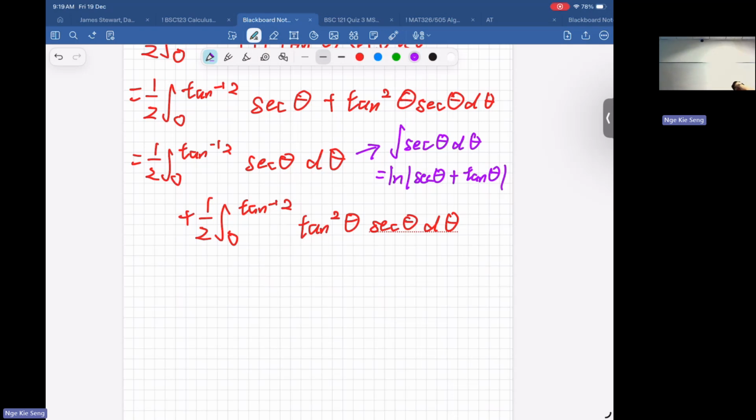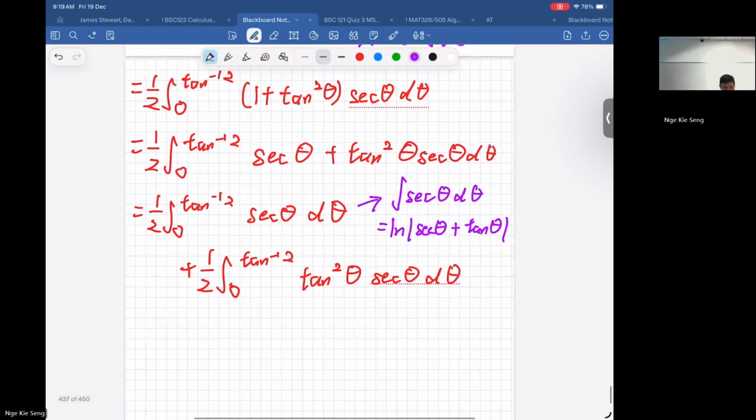Okay, how about the second one? So tangent and secant appear together now. What can we do? Substitute what? Substitute tangent? Okay, let's try. If you substitute tangent, what do you get?